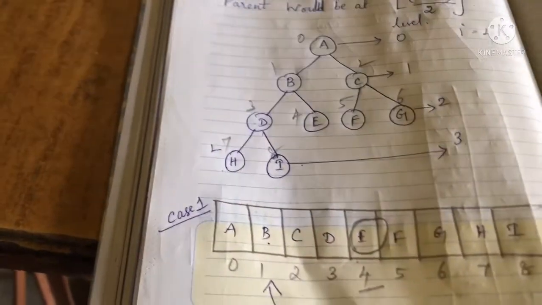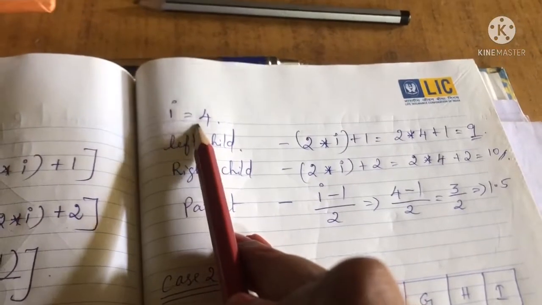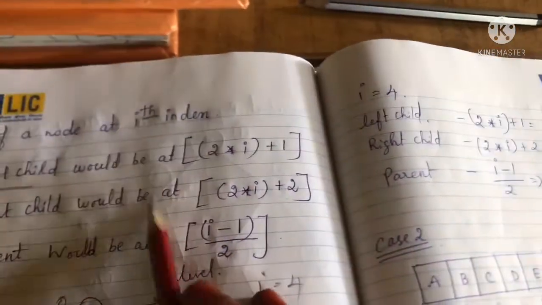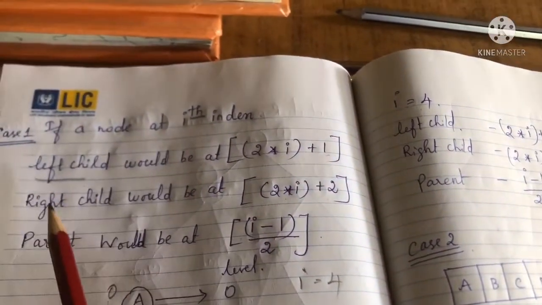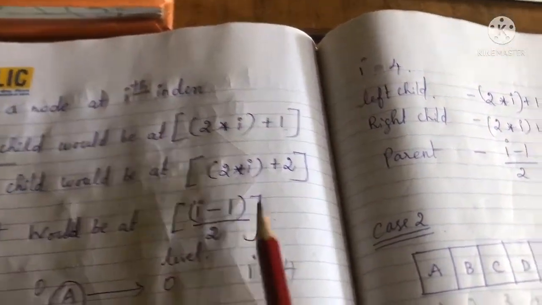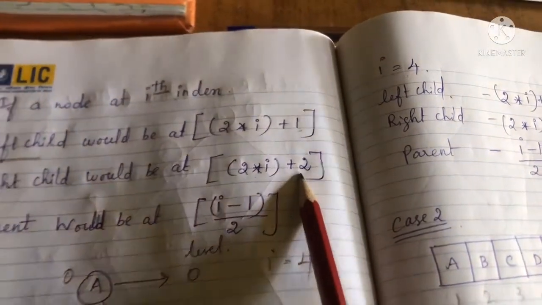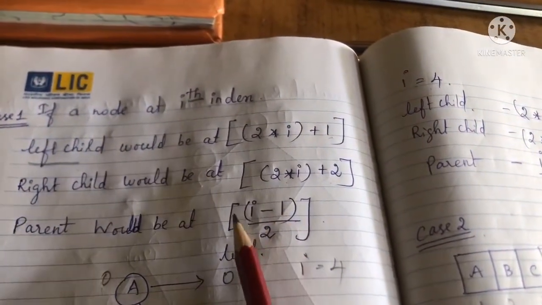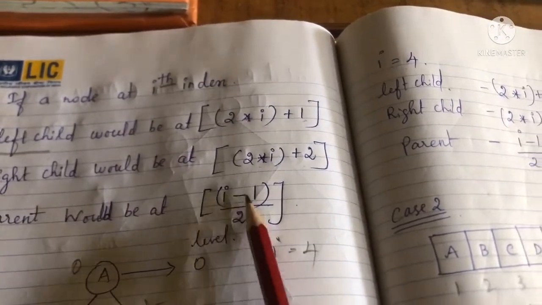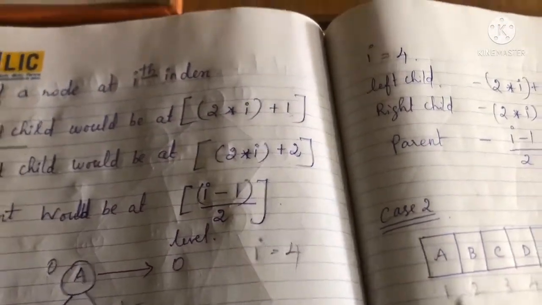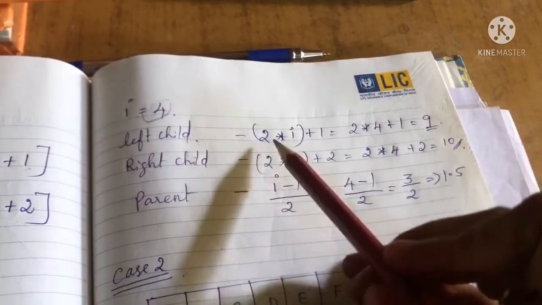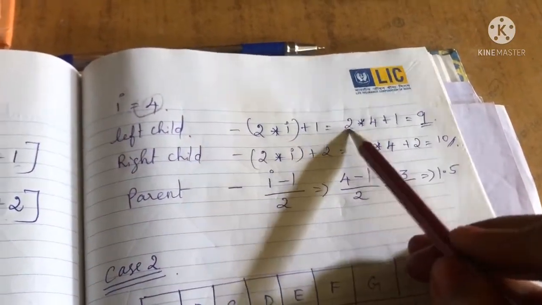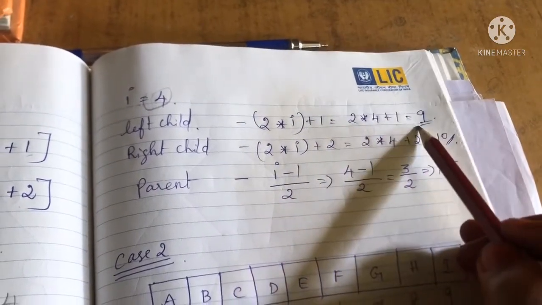Now how to calculate from the formulas. Here I equal to 4. Left child is 2 into I plus 1, which is 2 into 4 plus 1, that is 9.